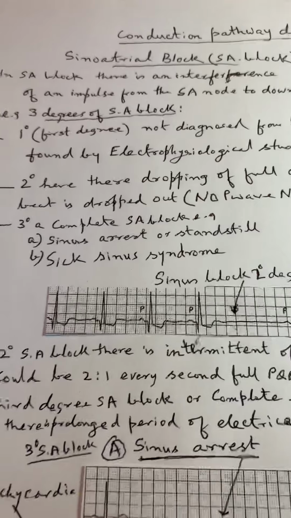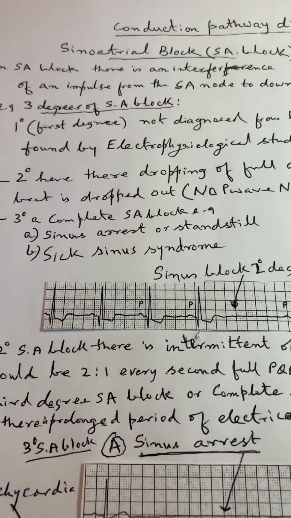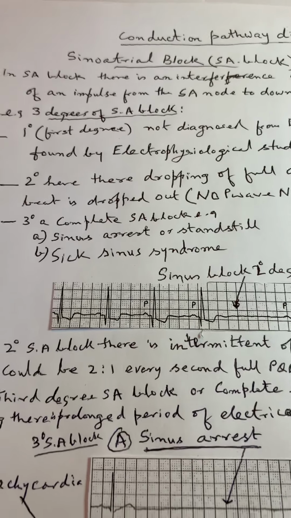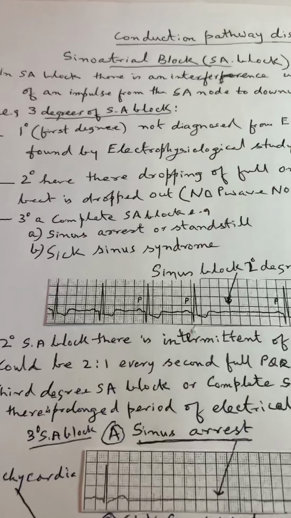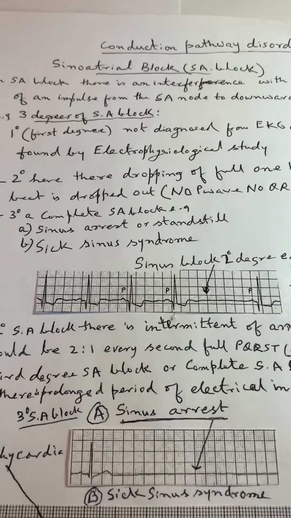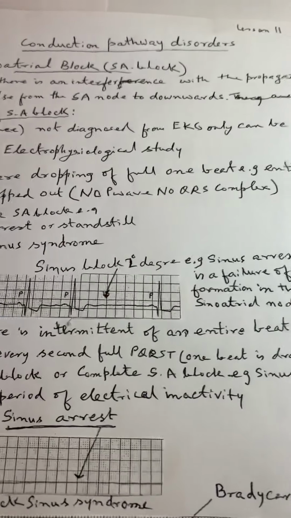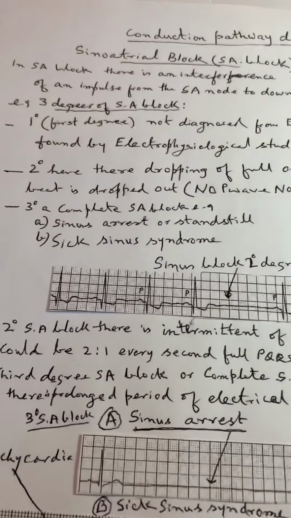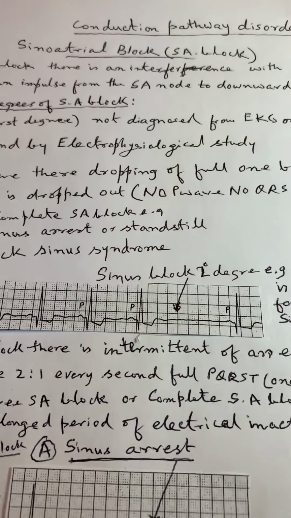So, SA node defect has 3 degrees: first degree SA block, second degree SA block, third degree SA block. The first degree SA block is impossible to diagnose from EKG. It can only be found by doing an electrophysiological study.